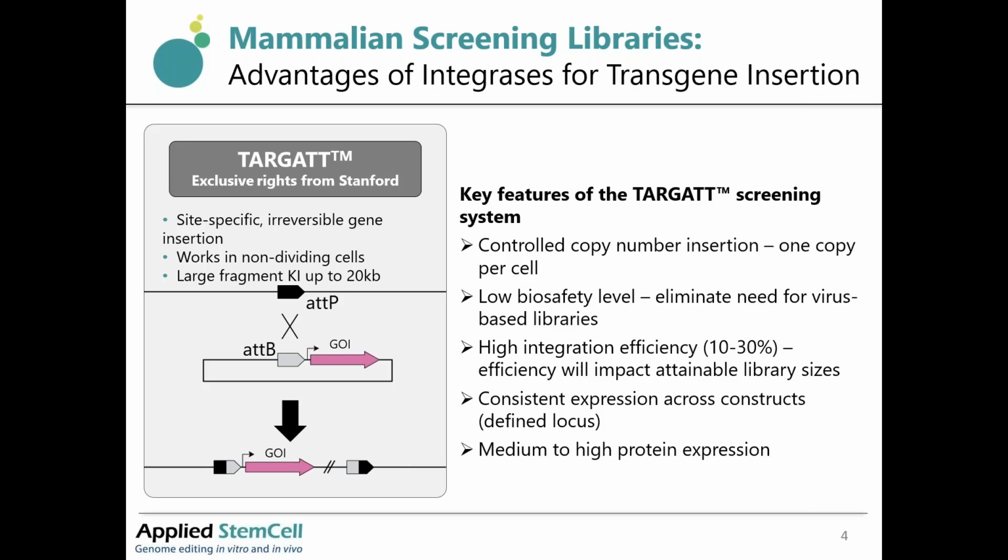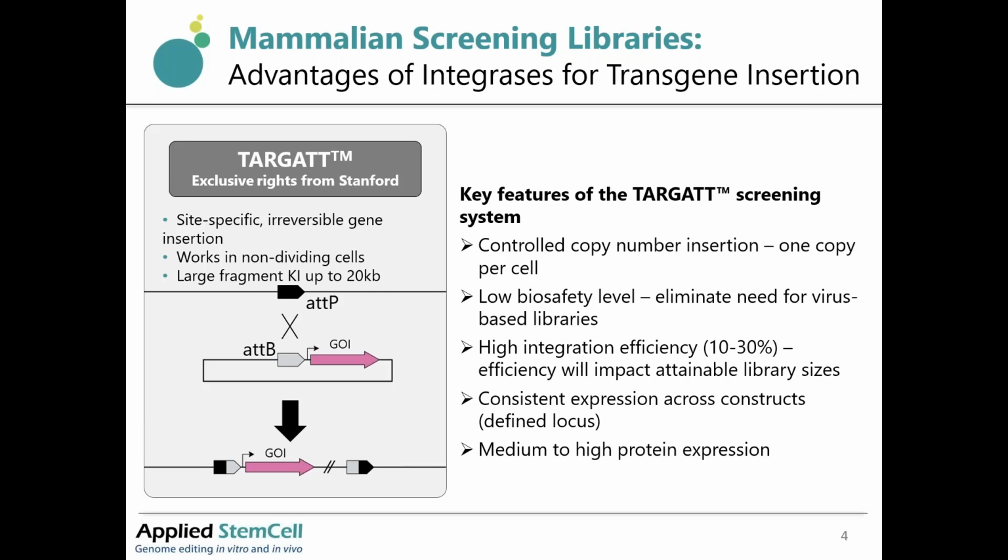Some key features are listed here for our TARGATT screening system. First is copy number control, which is 1 copy per cell. The second is low biosafety level, which eliminates the need for virus-based libraries.